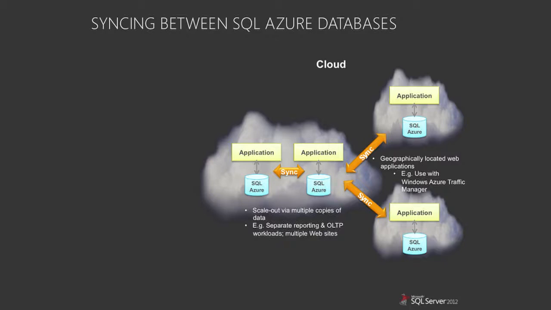So when it comes to the application, you can use Windows Azure Traffic Manager to direct the users and the user requests to the nearest and most performant Windows Azure application instances. But then you can also use SQL Azure Data Sync to keep the various databases in sync. So the data is kept in sync between those multiple databases located around the world.